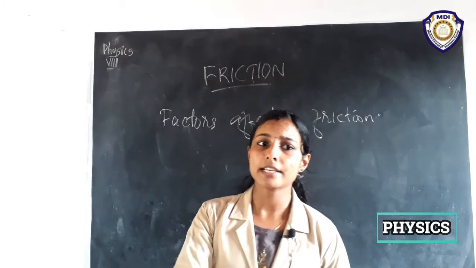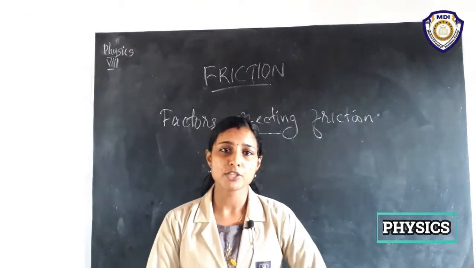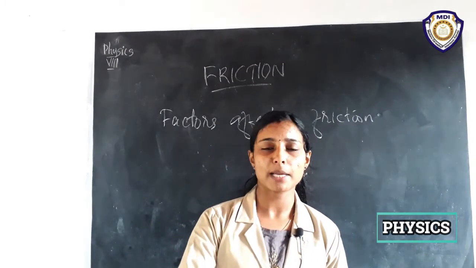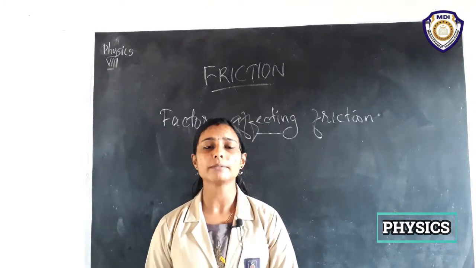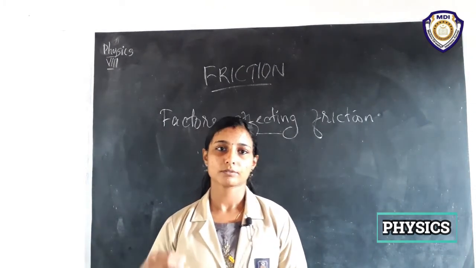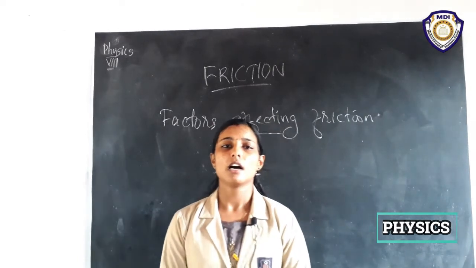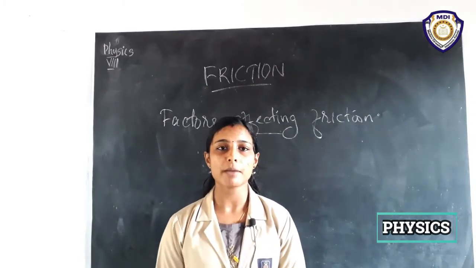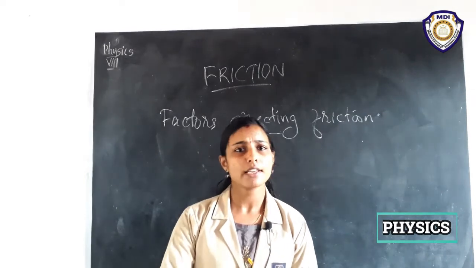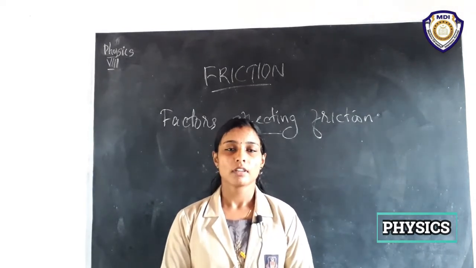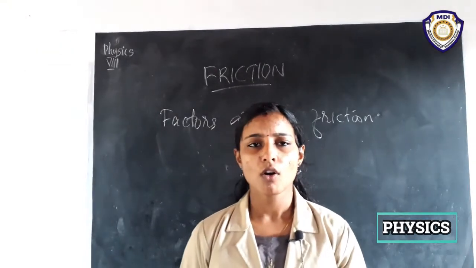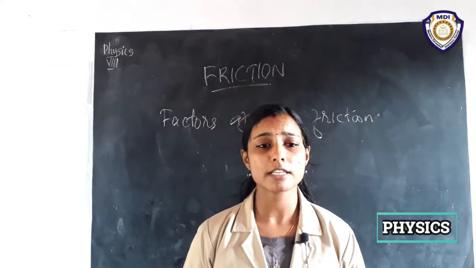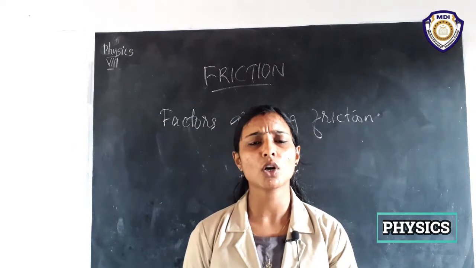In the first reading, without wrapping the polythene, the force becomes more, right? So we have to apply some more force to move the brick, and while wrapping the brick with the polythene cover, we have to apply a little less force to move it. Why is it so?